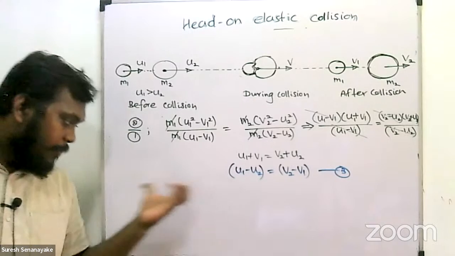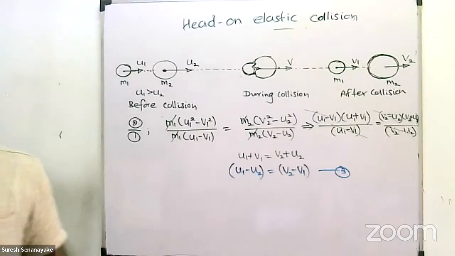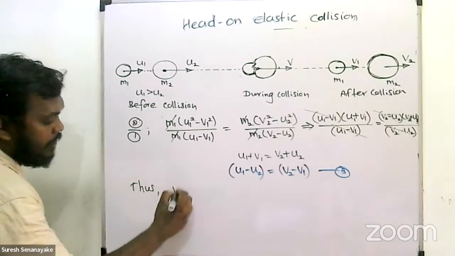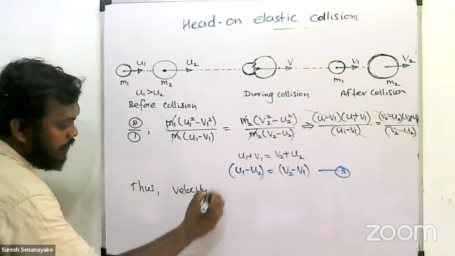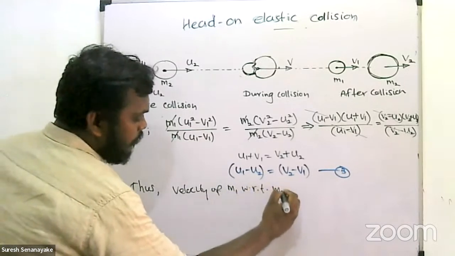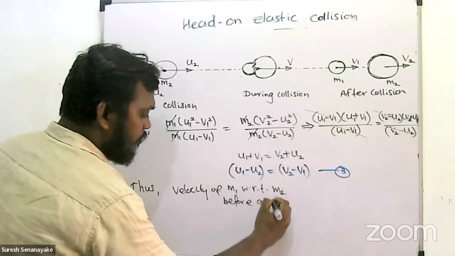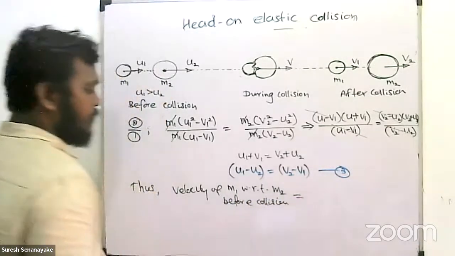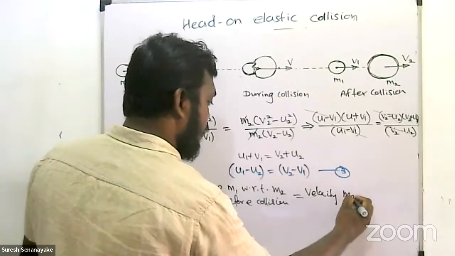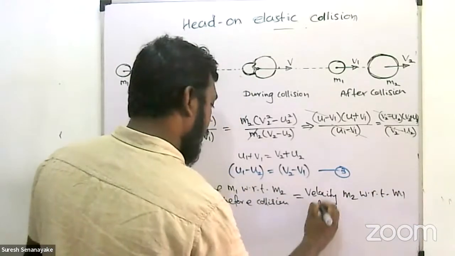Then after that point you can write: the velocity of m1 with respect to m2 before collision is equal to the velocity of m2 with respect to m1 after collision.